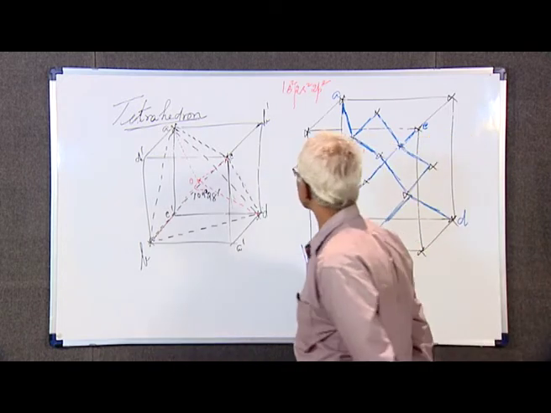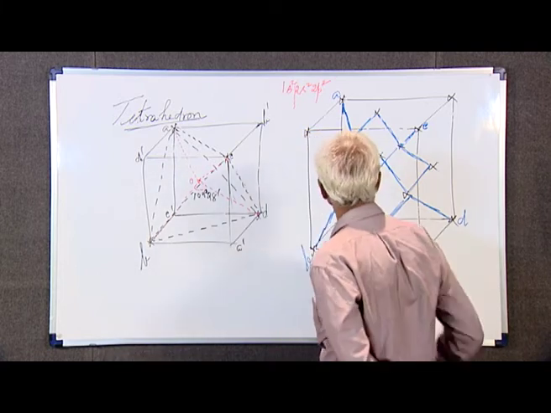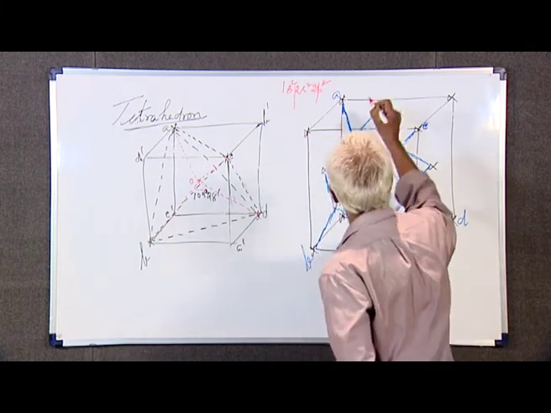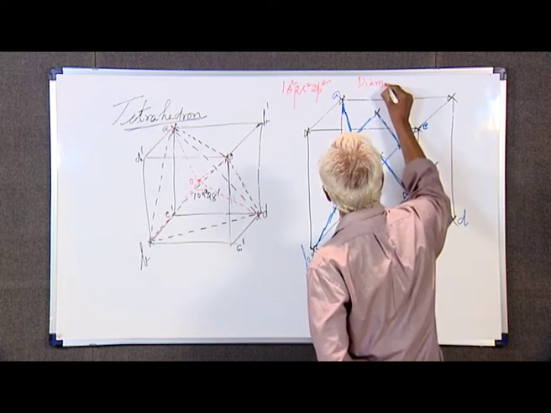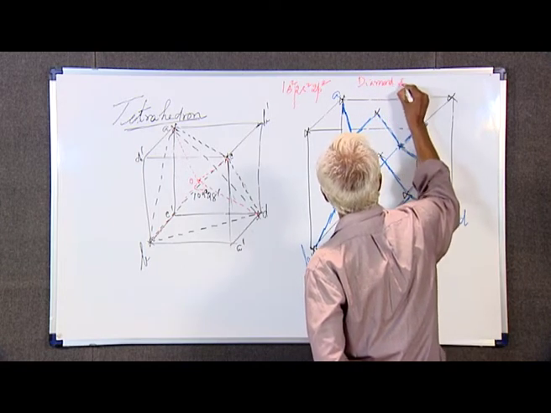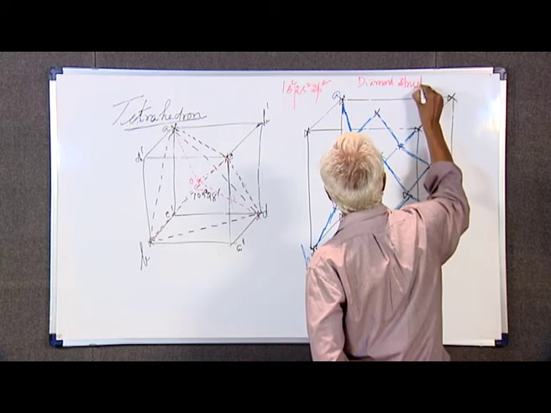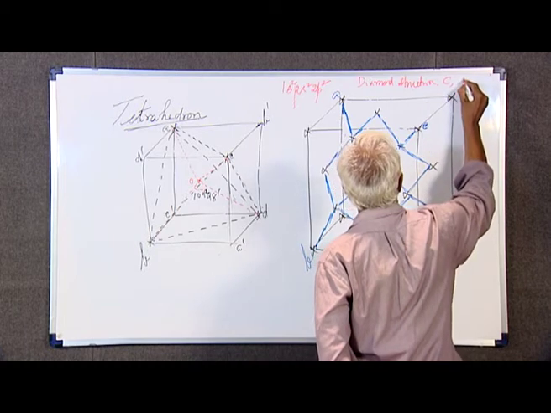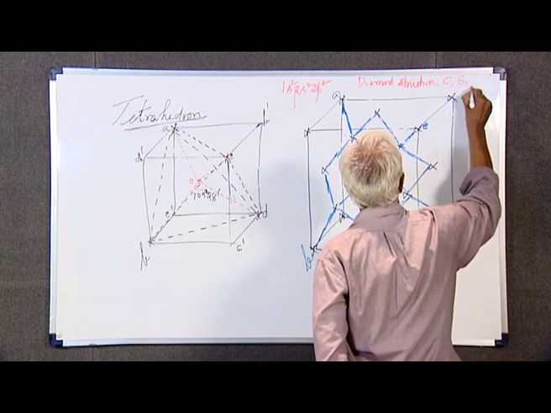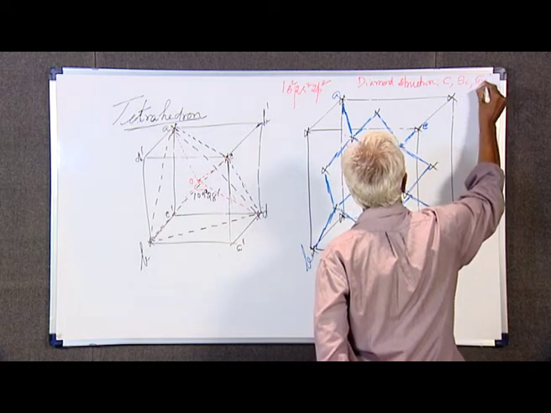Now, other examples of this diamond structure, as I indicated earlier: carbon, that is diamond, silicon, they are the best known, germanium.